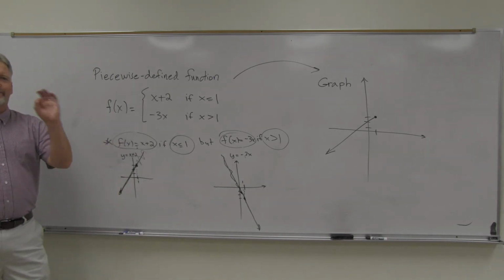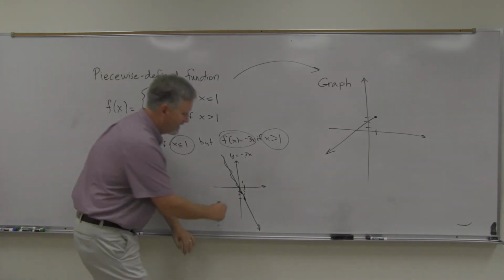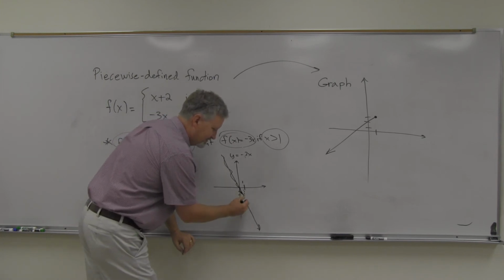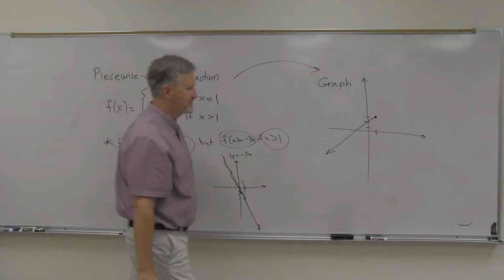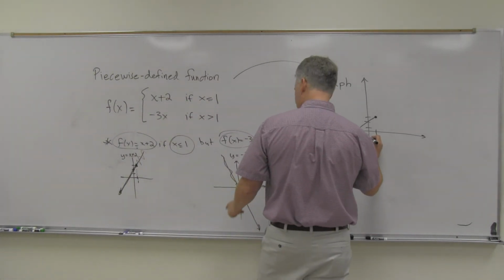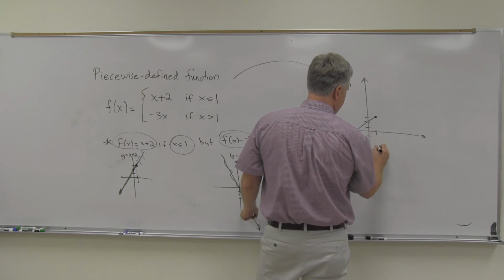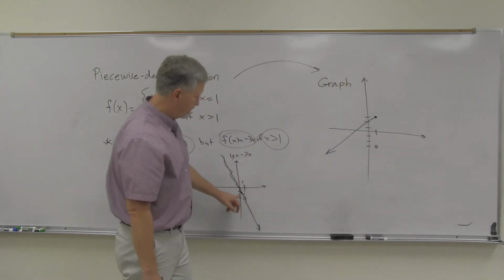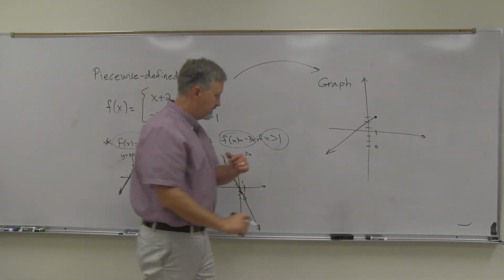It's x greater than 1, everything greater than 1. So what that tells me is, I don't even want that point at 1. So there's a little open circle. If you see an open circle, that's why it's there. What is that, down at negative 3? So at 1, negative 3 is where I start, but I don't include that point because that's not where x equals 1. And then down.